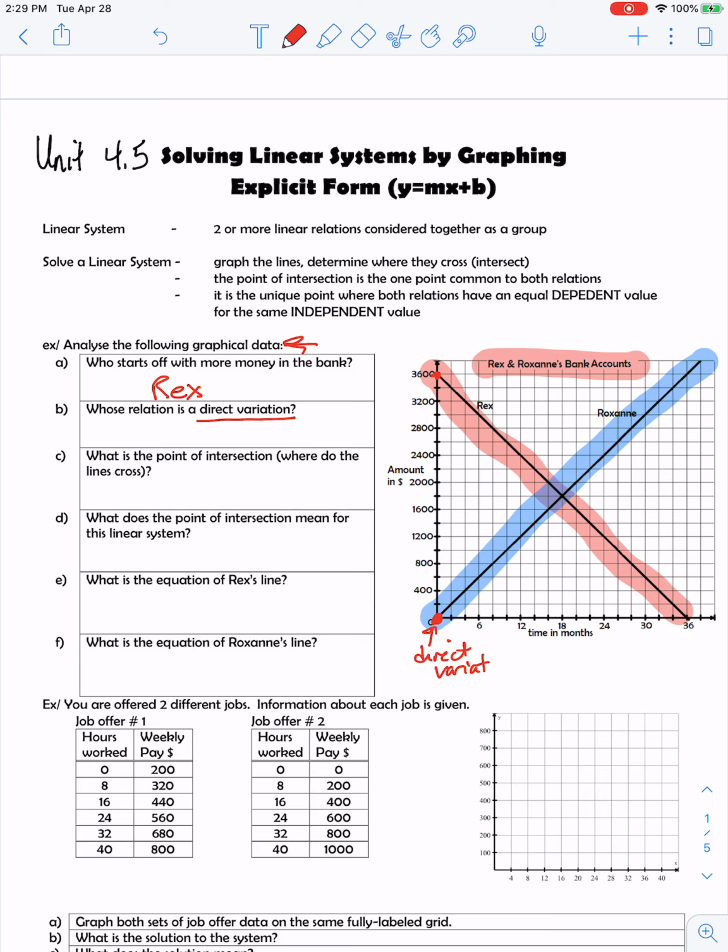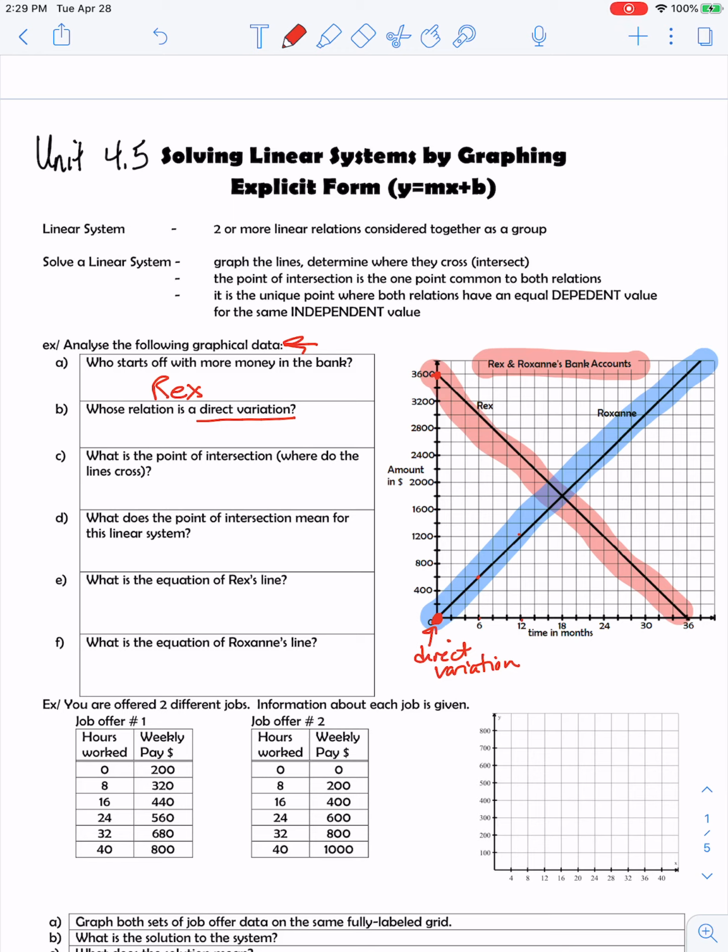If we take a look at the graph, after 6 months, Roxanne has $600, after 12 months she's got $1,200, and after 18 months she's got $1,800. How much money she has in her account is always the same multiple of the number of months.